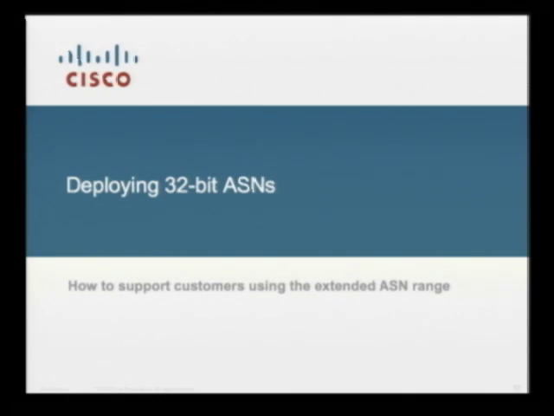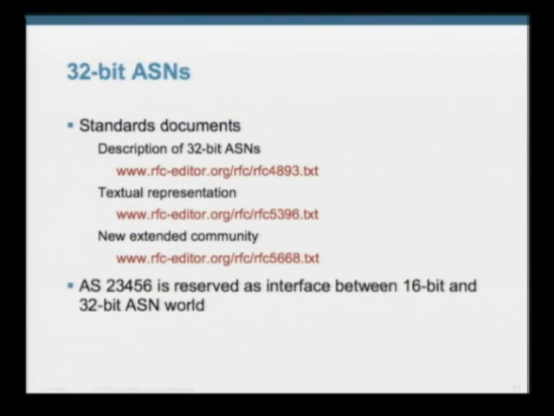Anyway, so the next bit I want to look at are 32-bit AS numbers, or I've subtitled it How to Support Customers Using the Extended AS Range. So 32-bit AS numbers, the standards documents are those. 4893 is the specification, 5396 is the textual representation, and then there's extended community in 5668.